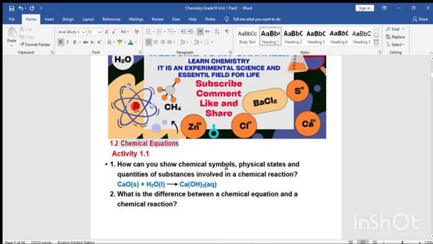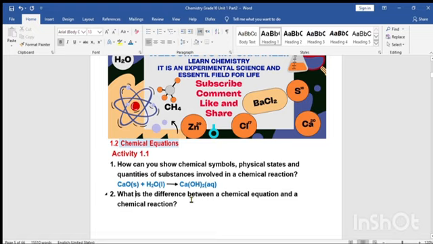Therefore, the symbols are calcium, oxygen, and hydrogen. You can mention the symbols that are visible. And the physical status: this is solid state, this is liquid, and this is aqueous solution, which means the particles of calcium hydroxide are dissolved in water and form an aqueous solution. Therefore, you get the answer just by writing the chemical equation of any reaction.